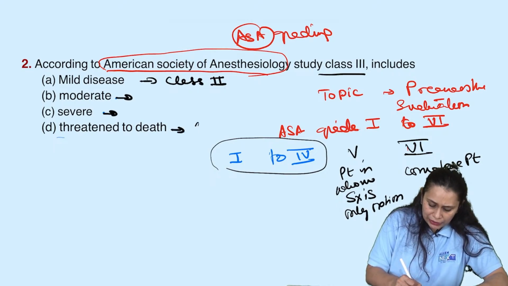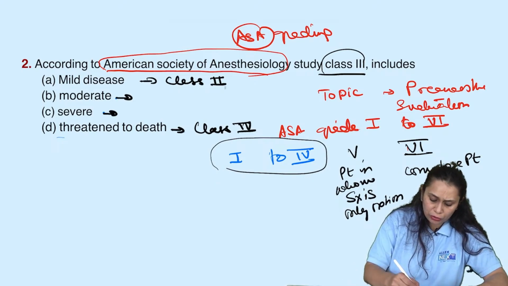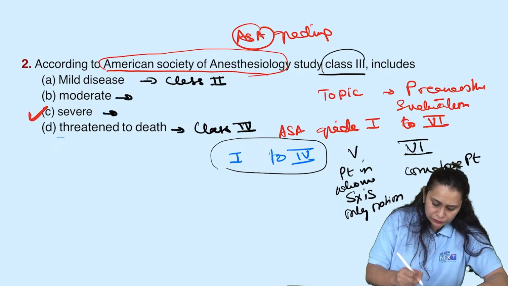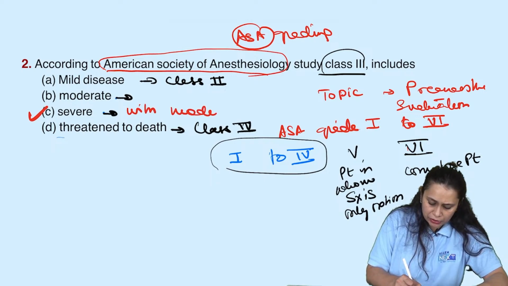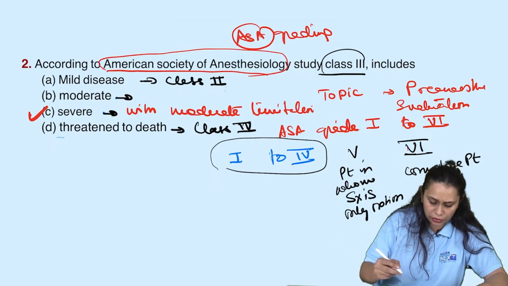Threatened to death is clearly class 4. So whether for class 3 I would go for moderate or severe, we should go for the answer severe with moderate limitation. So severe disease with moderate limitation. No limitation on normal function, but limitation on strenuous function.